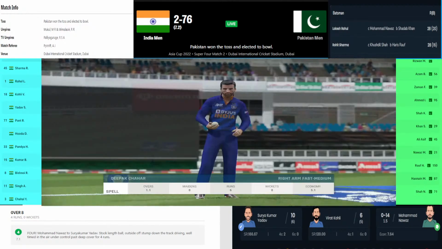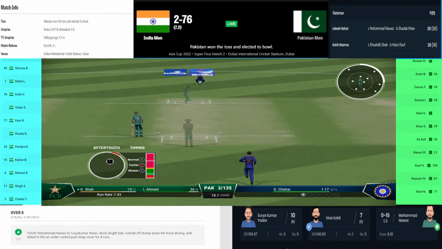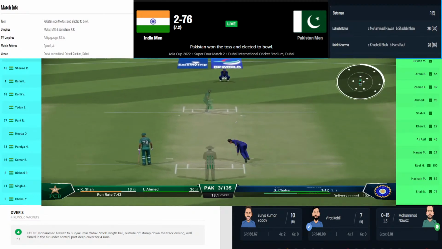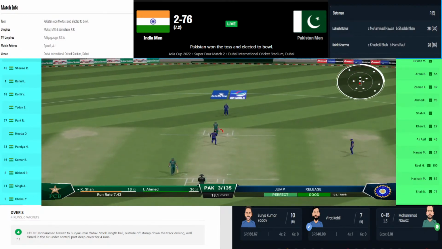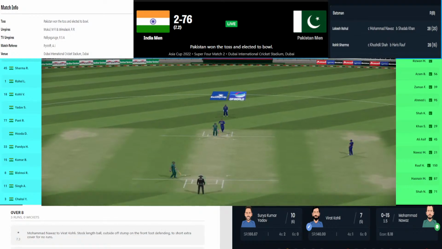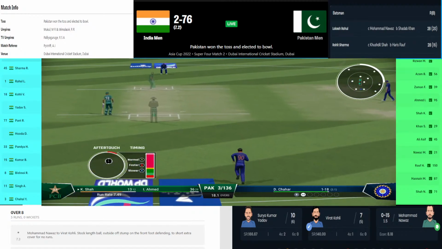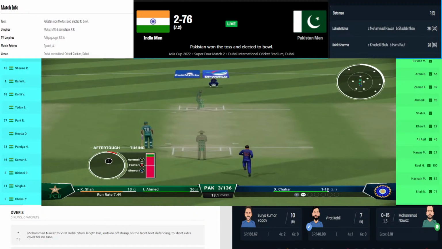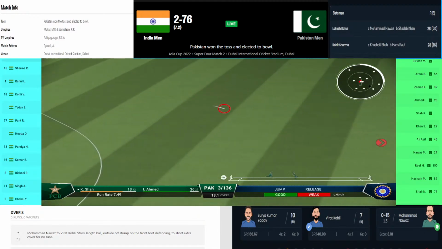overs. 7.2 overs, sorry. So it's a good delivery. Virat Kohli defends that ball. 7.3, 7.4 delivery to Kohli.